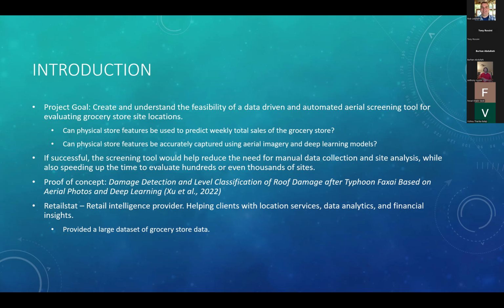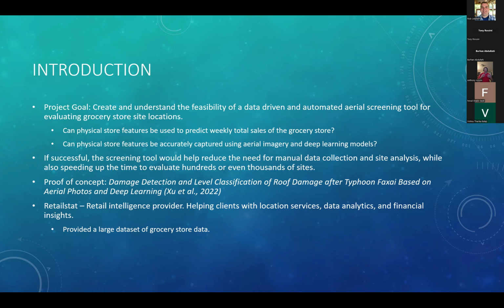And number two, whether we can use the combination of aerial imagery and deep learning to accurately capture the physical store features. I'll talk about what those store features are pretty soon. If this was successful, the screening tool would help reduce the need for manual data collection and site analysis.